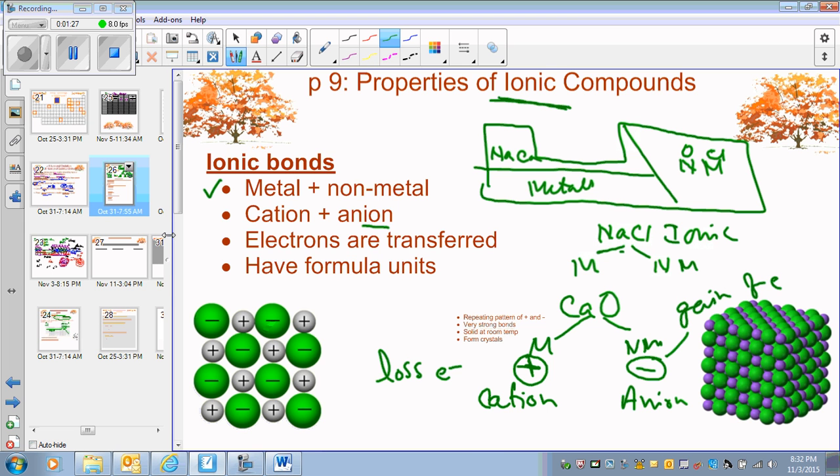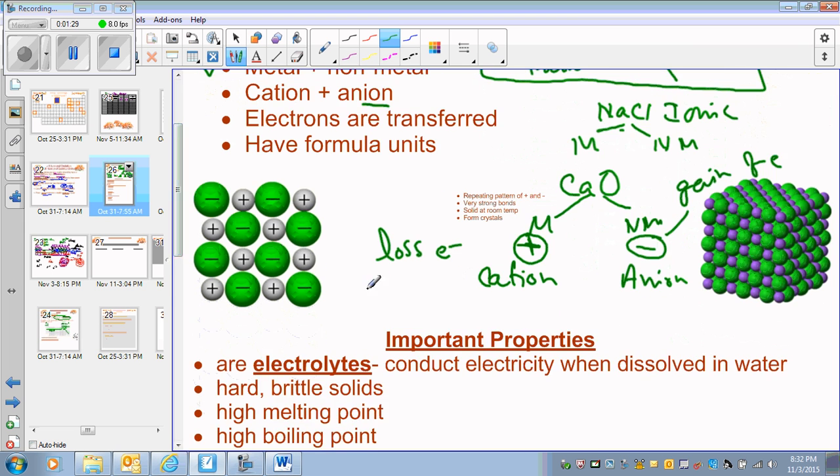Sodium has one valence electron. Chlorine has 1, 2, 3, 4, 5, 6, 7 valence electrons. So sodium gives this electron to chlorine. Sodium lost an electron and chlorine gained an electron, so the electron is transferred from the metal to the non-metal.